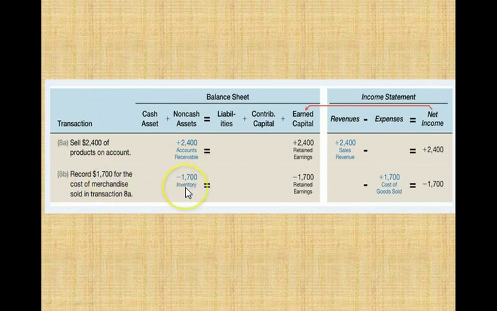And so $1,700 is removed from inventory and transferred to the income statement as an expense, cost of goods sold. And so for this particular transaction, we see that $2,400 of revenue less the cost of that product of $1,700 is actually a difference of $700, which is captured right here.